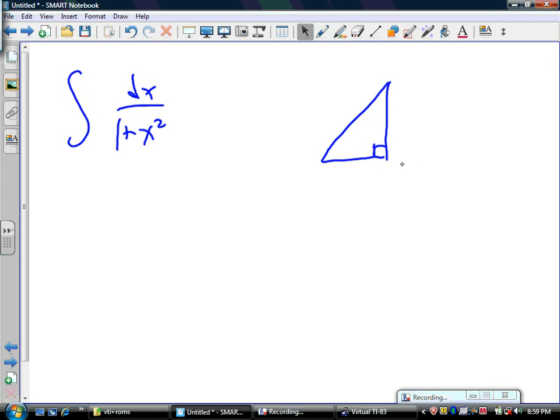Can you draw a right triangle such that this is one of the sides? The 1 plus x squared. Where would it be? Would it be the hypotenuse? Would it be one of the legs? Think about it. If it's one of the legs, usually there's a square root involved. Well, actually, that's not... All right. Usually there's a difference involved. Look, what if I say this is x and this is 1, for example? What's this according to Pythagoras?